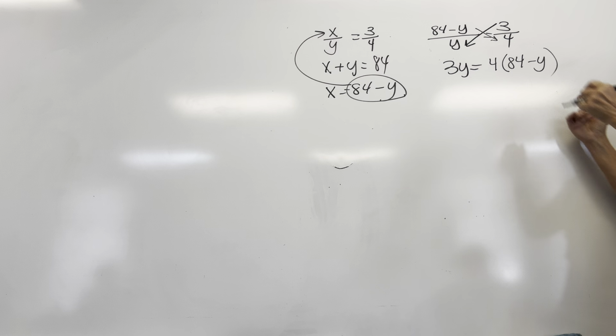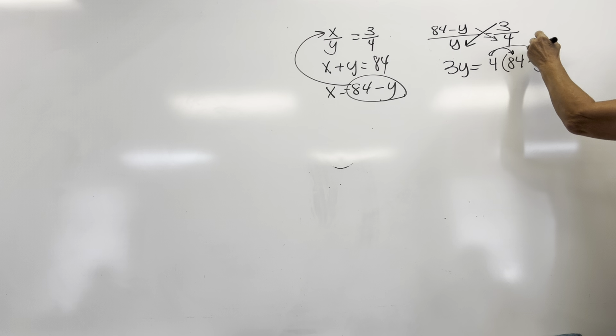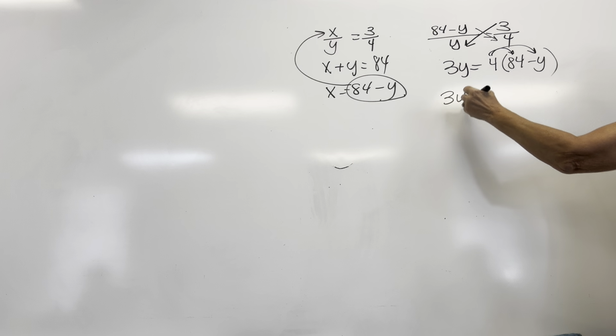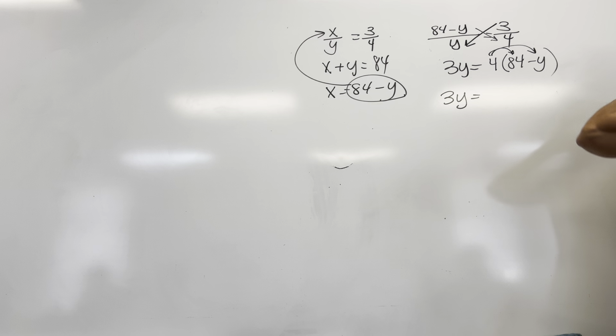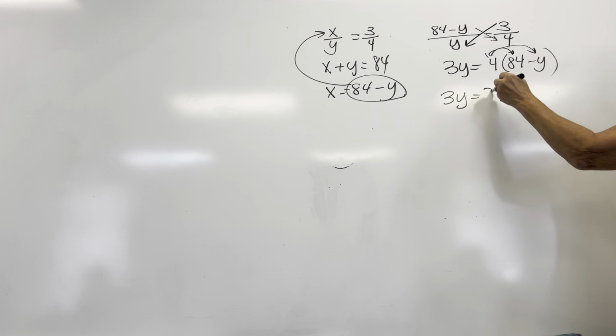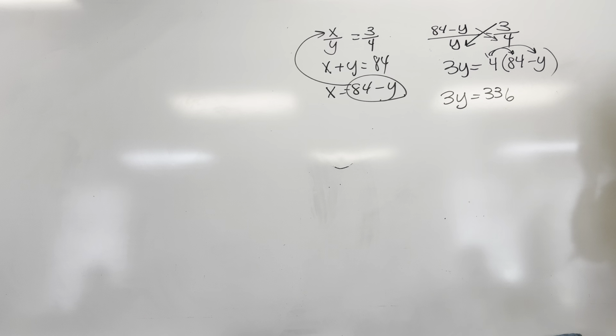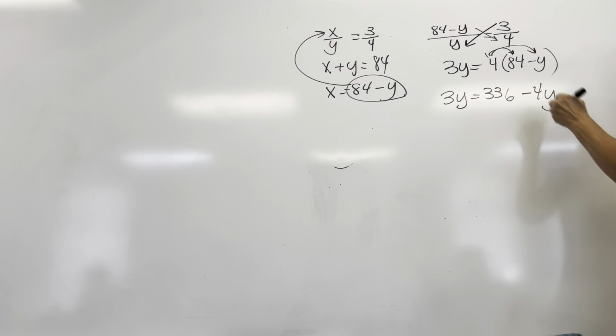I have to multiply 4 times both terms. So I end up with 3y equals, 84 times 4 is 336, minus 4y.